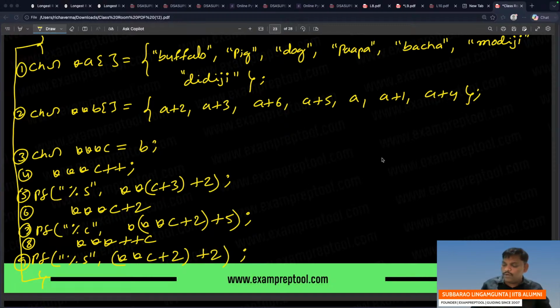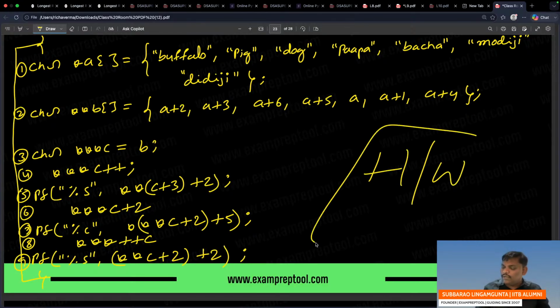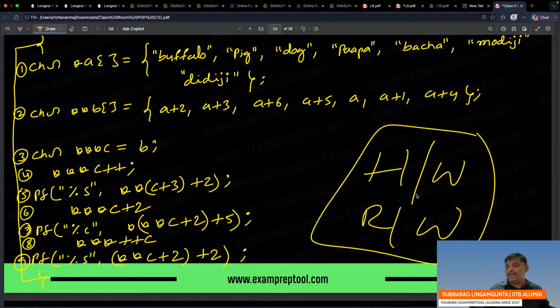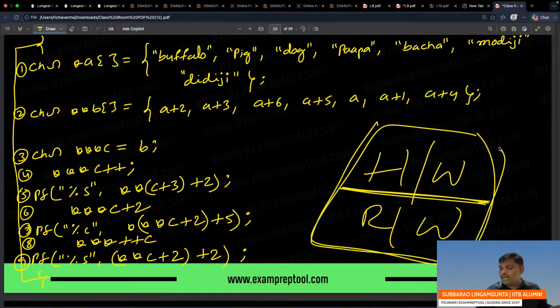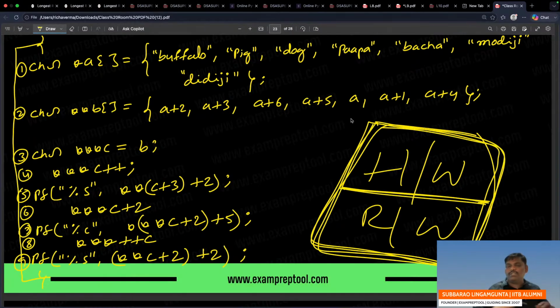It is homework. Tomorrow we'll solve this. It is homework, or room work, whatever you can call it. Tomorrow, as soon as we start, we'll solve it. The first 10 or 15 minutes of discussion is this only. Tomorrow, do whatever you want.